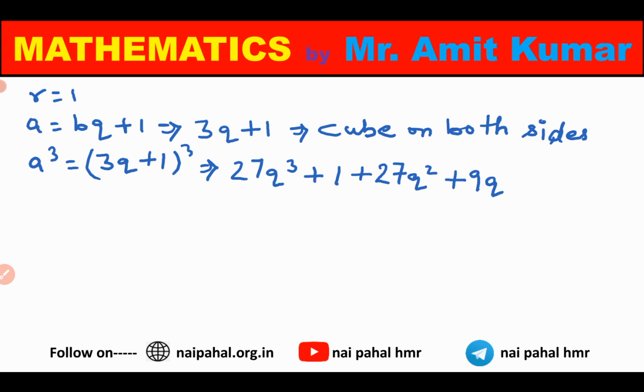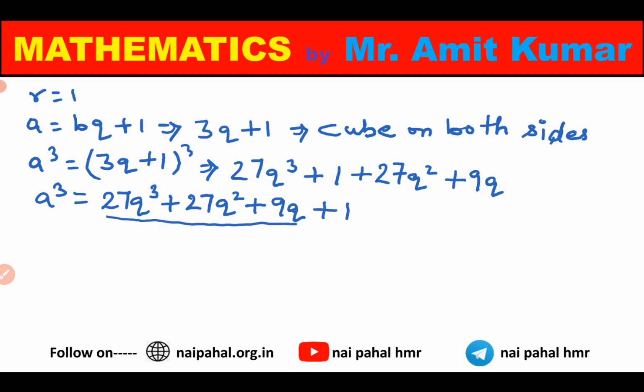After writing it, we get a cube is equal to 27q cube plus 27q square plus 9q plus 1. Here we can take 9 common from these terms.